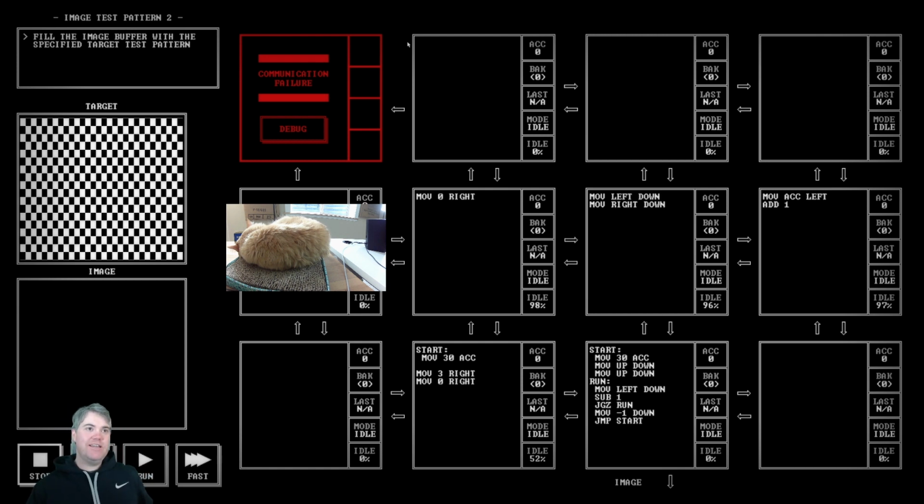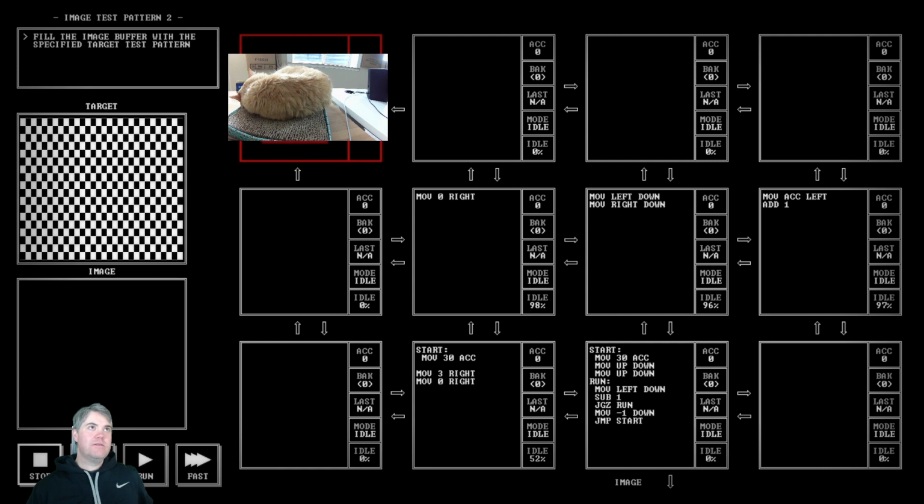Oh, and also cat's in the wrong position. Cat goes up there now. Right. Divide by 30, take the remainder. I don't have a divide. I have a sub. So I'd have to write the entire logic to sub everything by that many times and do it.